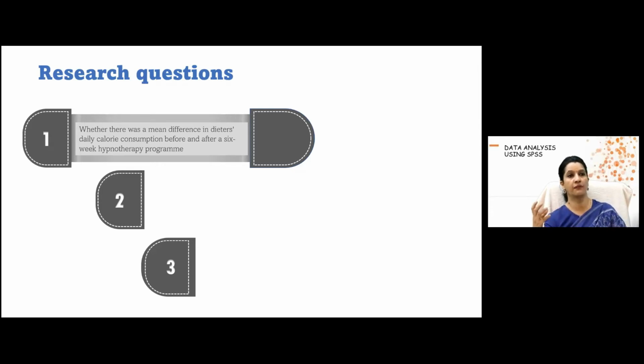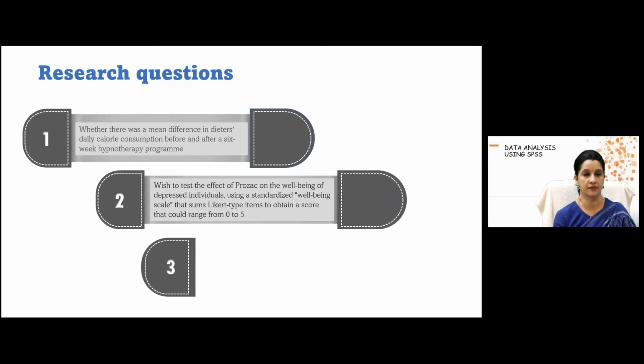So you have done a single intervention on a single set of individuals, and you have measured the calorie before intervention and after intervention. If you want to see whether there is a difference between these two, then we apply this paired t-test.